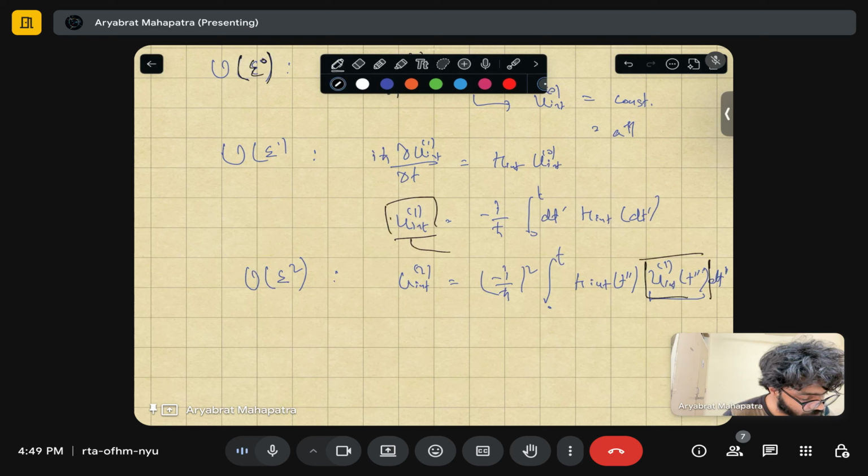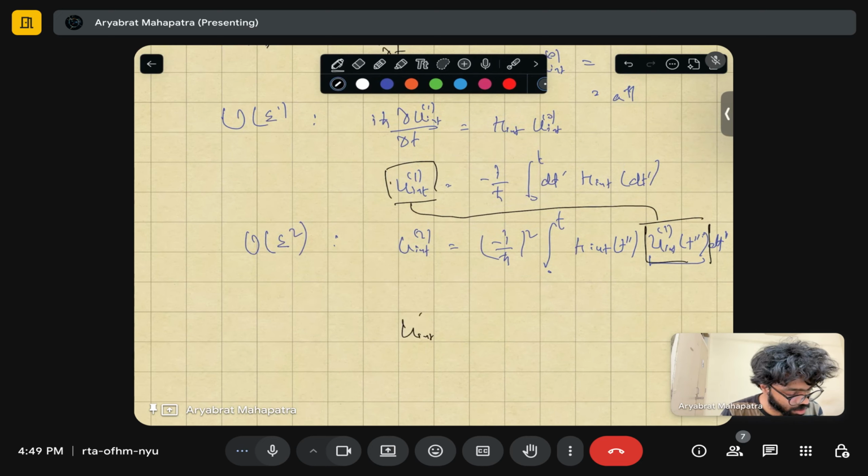So you get the solution recursively. When you calculate u int 3, you will have u int 2, and inside u int 2 you will get u int 1, and this will keep on going.